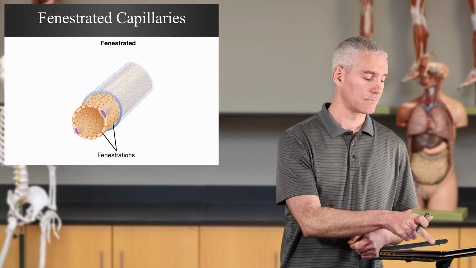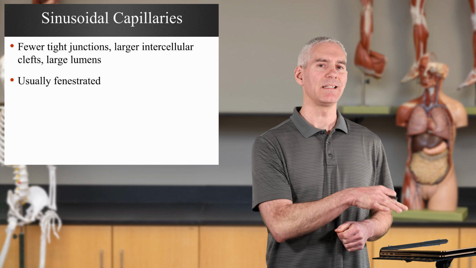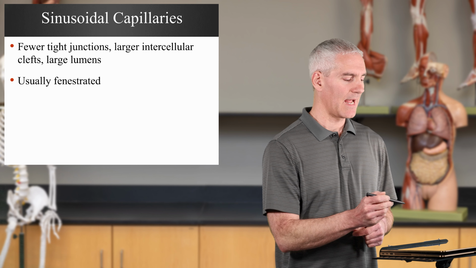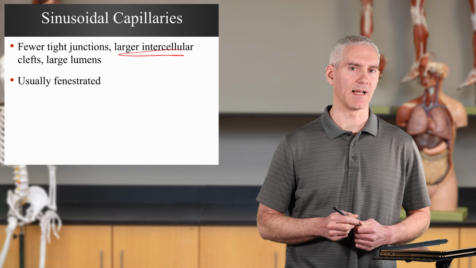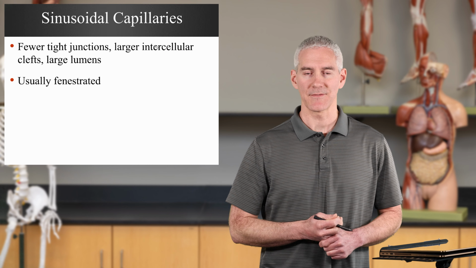The third one is going to be sinusoidal capillaries. These sinusoidal capillaries have these large intercellular clefts. Now, these large intercellular clefts are great because larger things can fit through them.